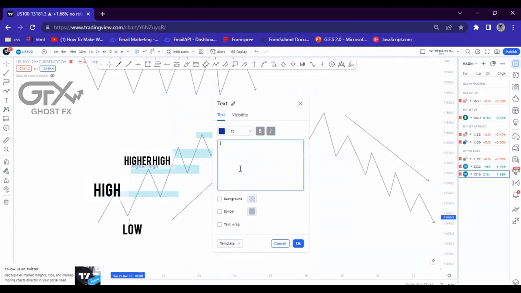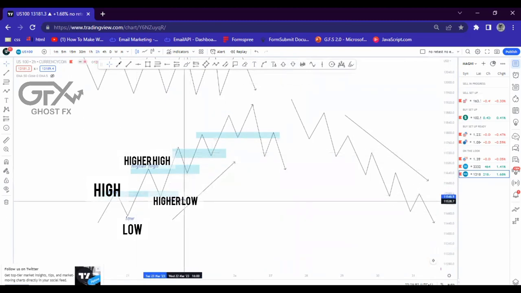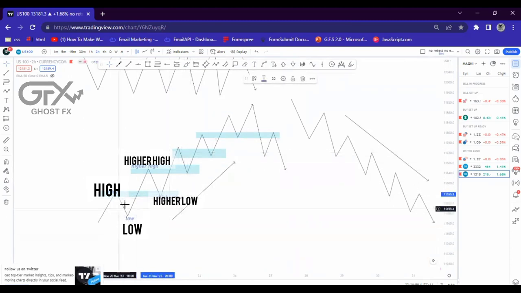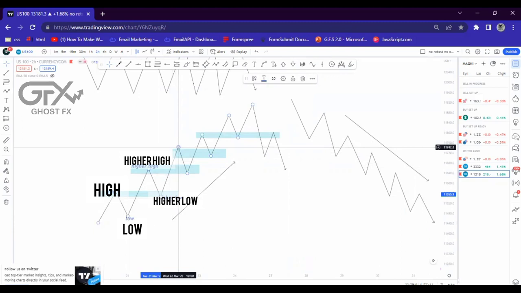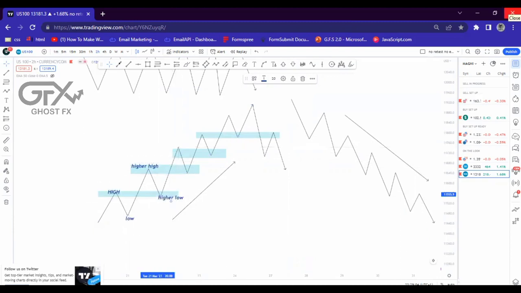So this is called the low, and this is called the higher low. So basically, guys, this is called the high, this is called the low, this is called the higher high, and this is called the higher low. As it keeps on making new higher highs, it means that the upward trend is intact. You understand, guys? And so long as it doesn't break the last low, you cannot say that the trend has changed.